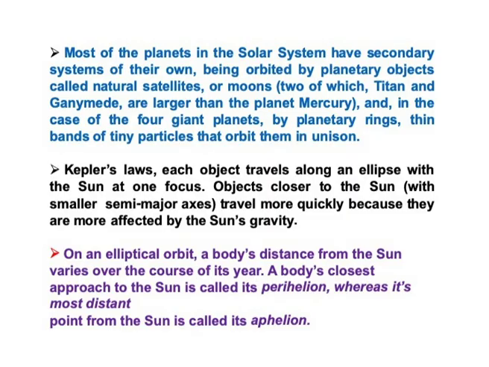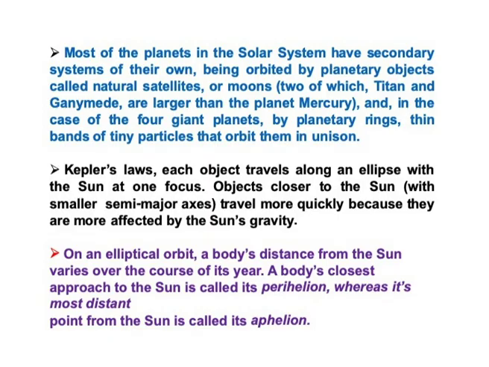Almost all the planets in the solar system have secondary systems, being orbited by planetary objects. We call these natural satellites. Examples are moons, two of which, Titan and Ganymede, are larger than the planet Mercury.